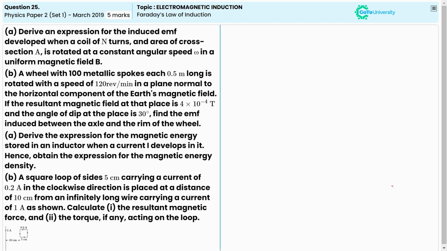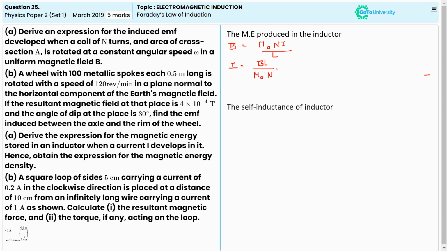Then the magnetic field in the inductor is given by B is equal to mu naught times N i divided by l, and I is equal to B l divided by mu naught times N. Then the self-inductance of the inductor is given by L is equal to mu naught N square times A divided by l. Then substitute the values of 2 and 3 in equation 1.